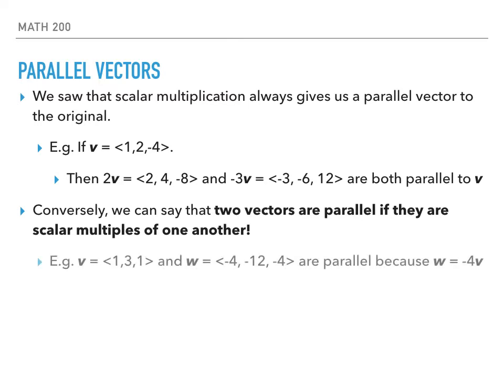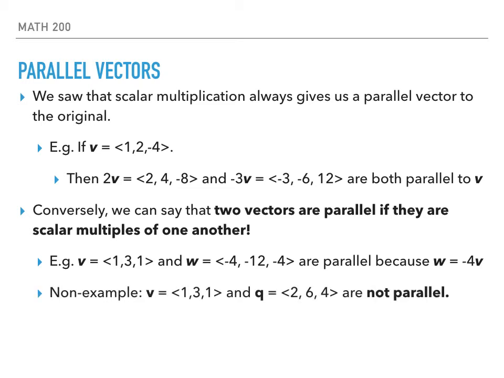Okay, so here's another example. Say we start with the two vectors. Can you find the scalar multiple? In this case, -4 works. Negative 4 times v gives me w. However, consider these two vectors. Why are these two vectors not parallel?